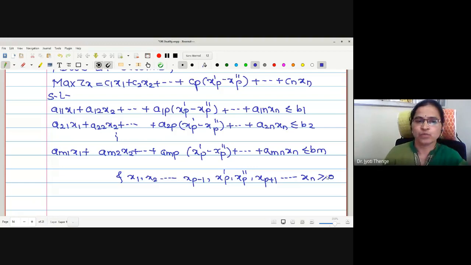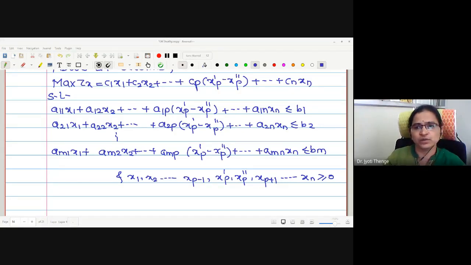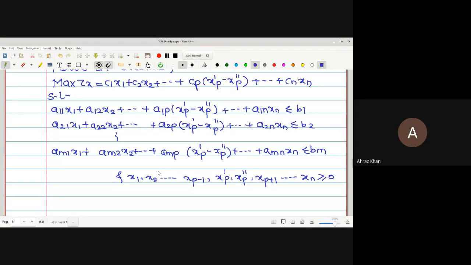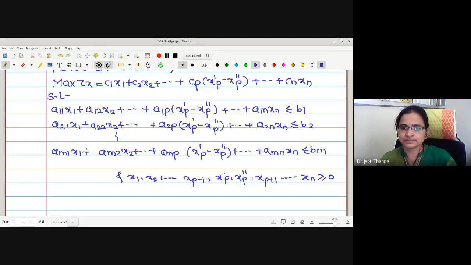Then what about the number of variables and number of constraints in its dual? What is the number of constraints and number of variables in the dual problem? Can anyone tell me? The number of constraints will increase by one, n plus 1, sure. And what about the number of dual variables?